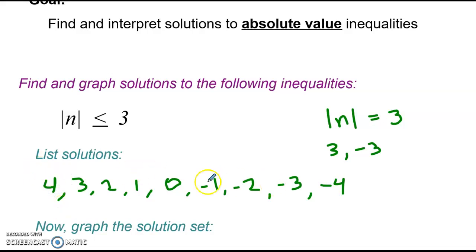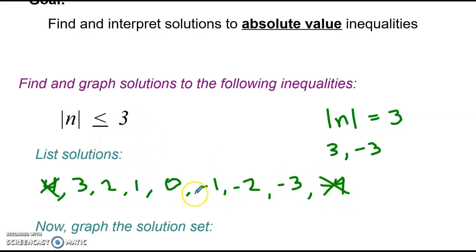All right, since I'm doing this in descending order, 4 is not less than 3, so that doesn't work. Negative 4 won't work because when I evaluate, the absolute value of negative 4 is positive 4. So even though, yes, negative 4 is less than 3, the absolute value of negative 4 is not. So negative 4 is no longer a solution. So how would this graph look?